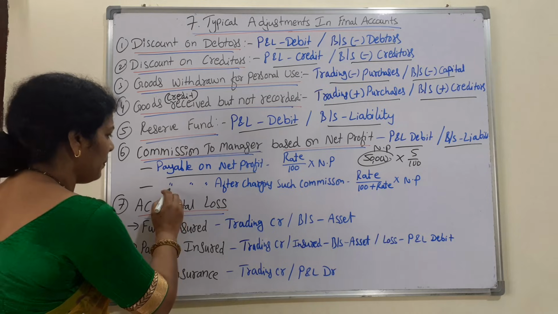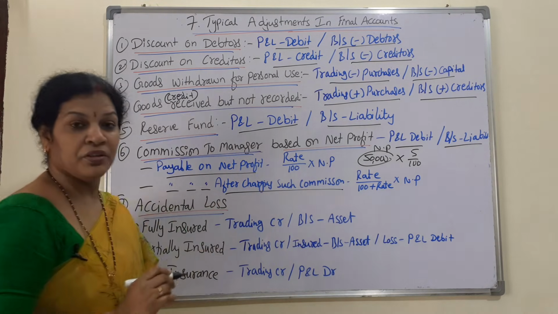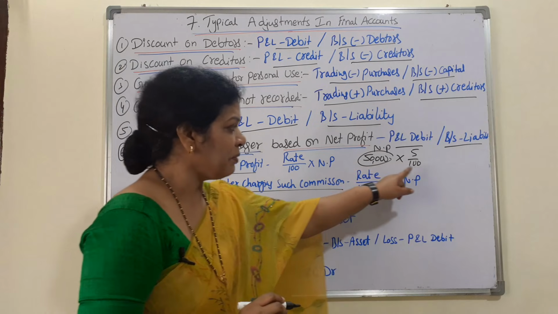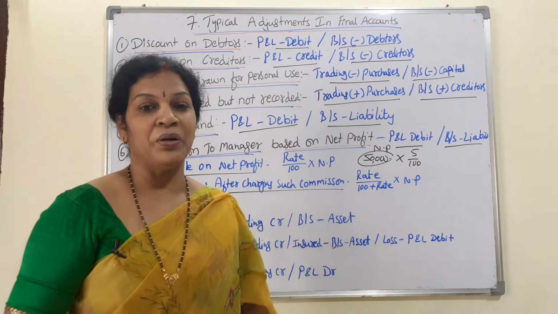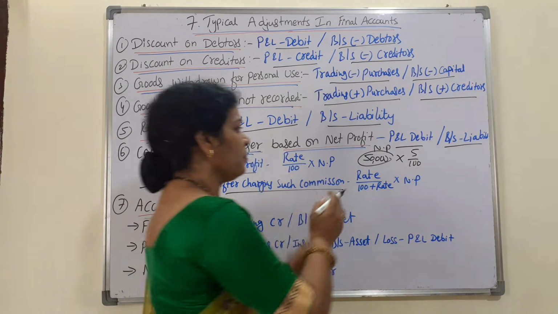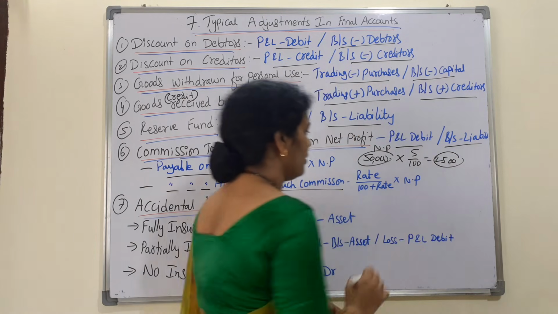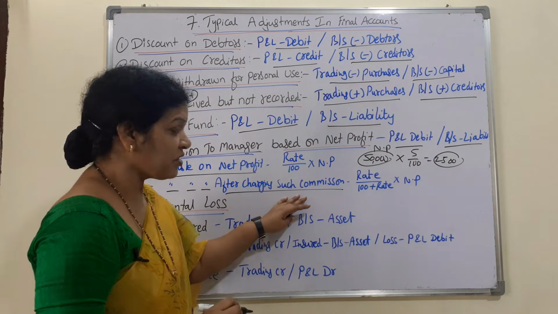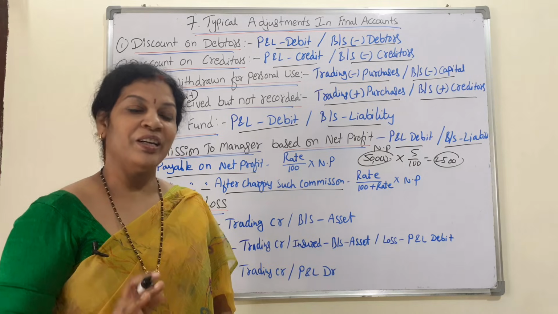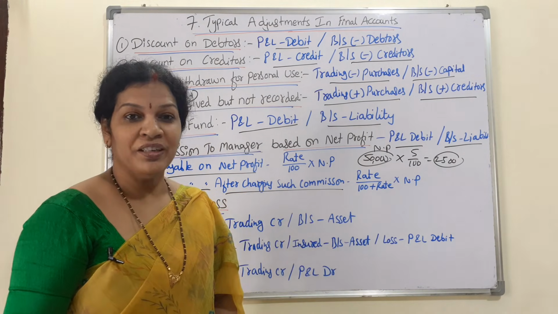Second one, payable on net profit after charging such commission. After charging such commission means we also consider the commission itself in the profit. Suppose here we will be getting 2,500. After charging such commission means 50,000 plus 2,500; including this 2,500, they are expecting commission.